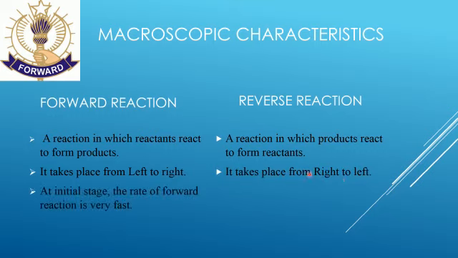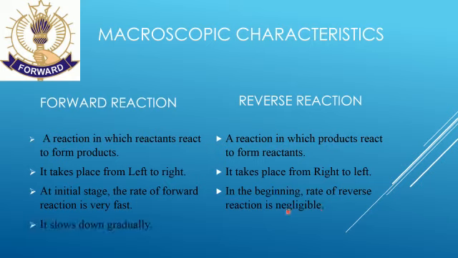Third point is at the initial stage, in the beginning, the rate of forward reaction is very fast, while the rate of reverse reaction is zero, or we can say negligible. With the passage of time, forward reaction slows down, while reverse reaction speeds up.